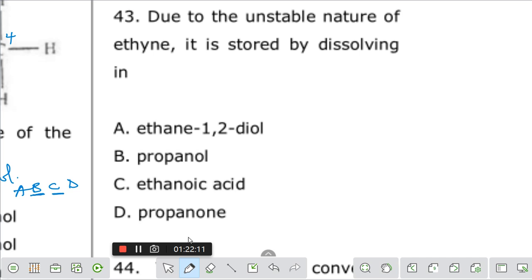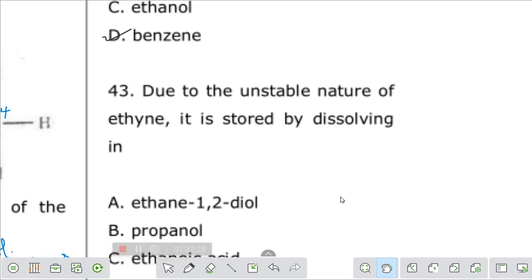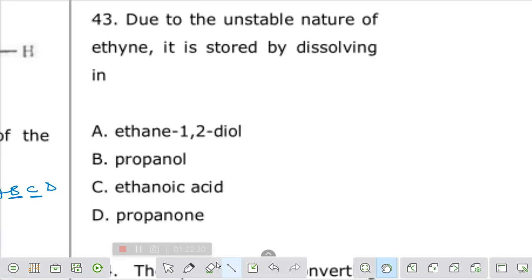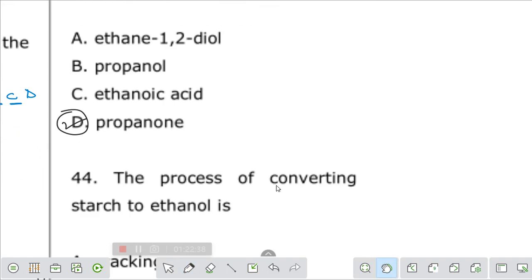Because it's unsaturated, I gave you an illustration that ethyne is very hungry and wants to eat, so it will be very violent, the way you normally behave to your younger brother when you are hungry. That's how ethyne also behaves. So to preserve ethyne, we normally store it by dissolving it in propanol. I think I taught you that also in that video.